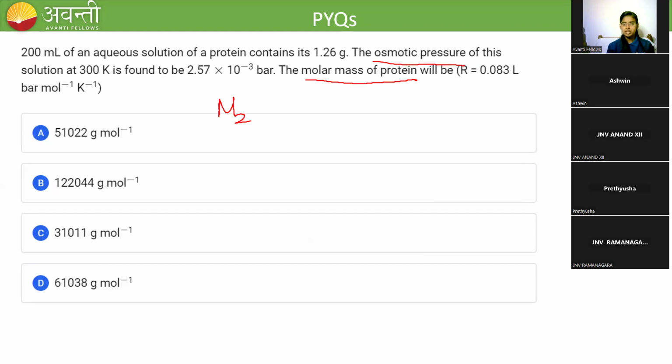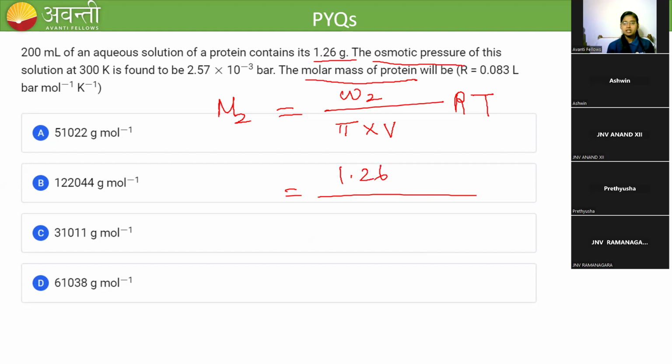Molar mass of the protein, which is the solute, is equal to mass of the protein divided by pi into V, into RT. So this is the formula, right? The mass of the protein is given as 1.26, divided by the osmotic pressure value 2.57 into 10 to the power minus 3 bar, into volume.